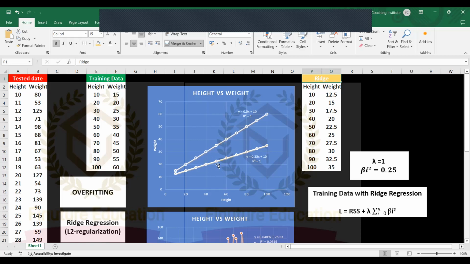But when I apply a ridge model, the inclination came down a little. And if you apply this model now on your out of sample data, that will work very well. So this was hypothetical data, which we used to demonstrate ridge regression.